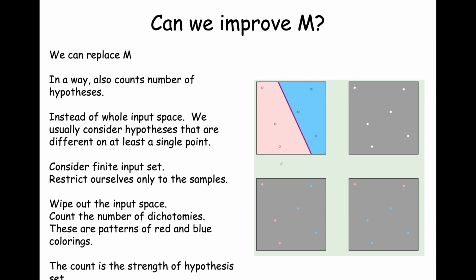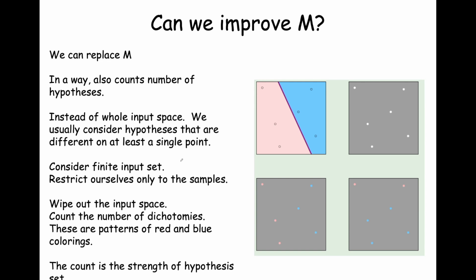And so we're going to define the hypotheses not in terms of, in particular, when we're counting them in terms of the weight vector, number of instantiations, we're going to count them in terms of their ability to produce labels, different sets of labels, on the in-sample points.